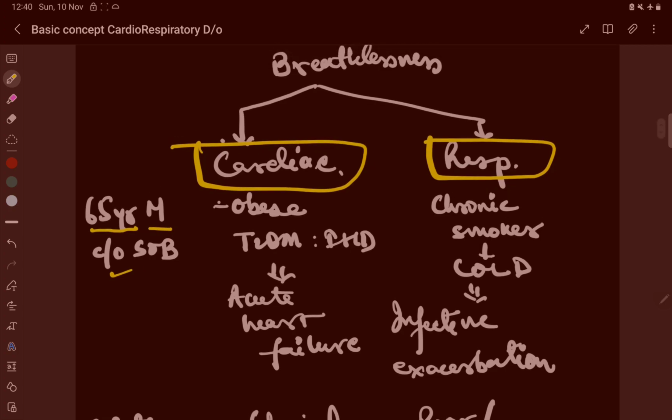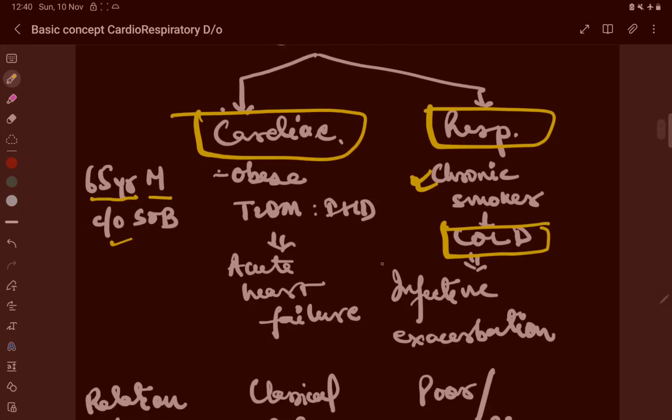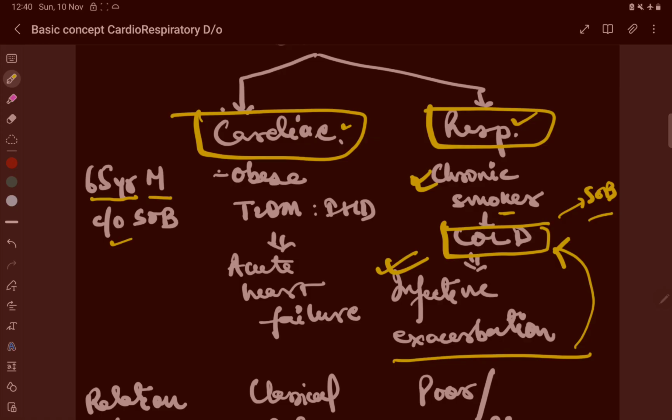If the patient is a chronic smoker, we go for COPD, an infective exacerbation of a chronic obstructive lung disease causing the shortness of breath. So if there is smoking in the history, we go for respiratory causes. In a cardiac patient, we see if the patient is obese or has type 2 diabetes, who is going to have more diseases like ischemic heart disease.